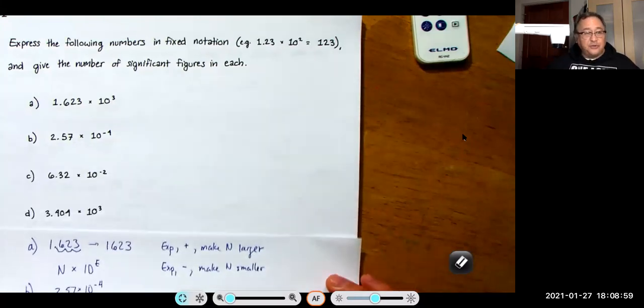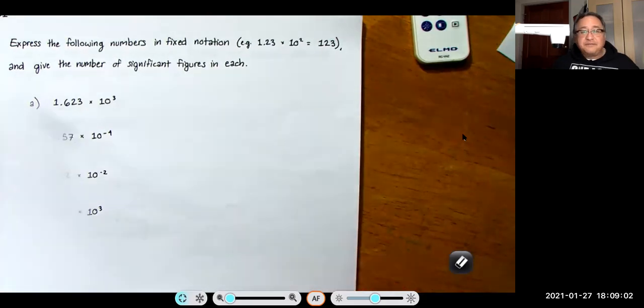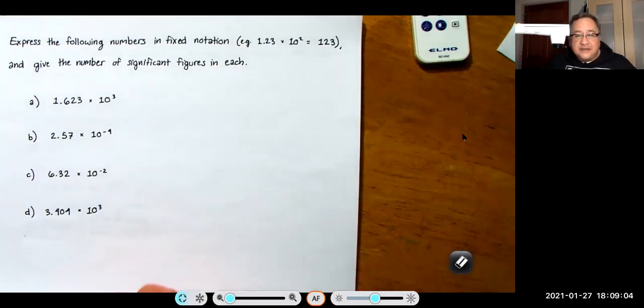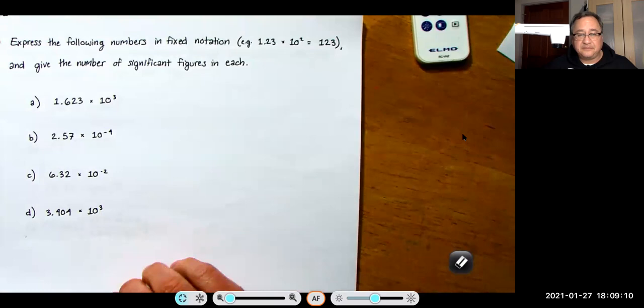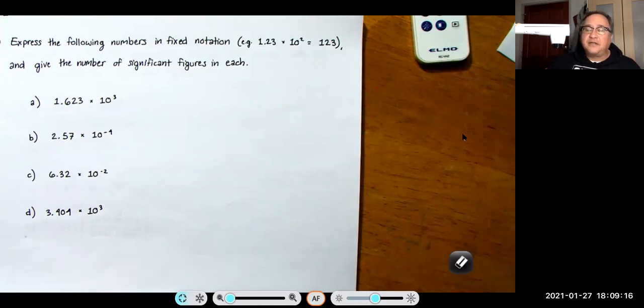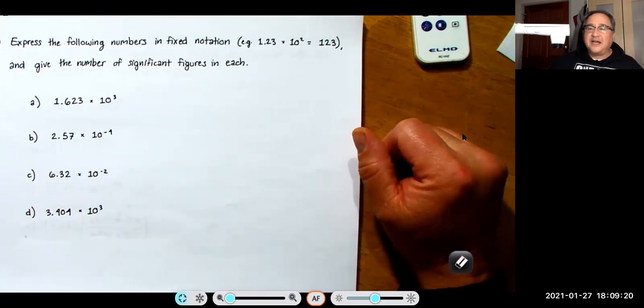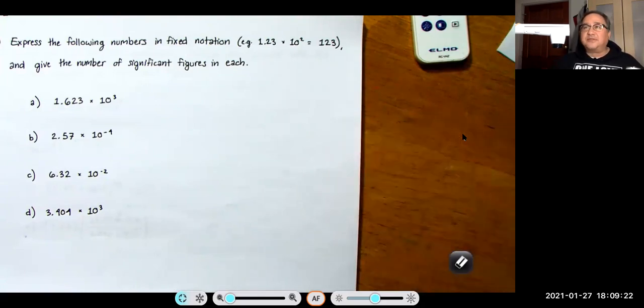So I want you to do the same for letters C and D and turn those into fixed notation. When you're done, give me a little signal that you're done. Like a yes or a no, a thumbs up, clapping hands, or go faster, go slower.